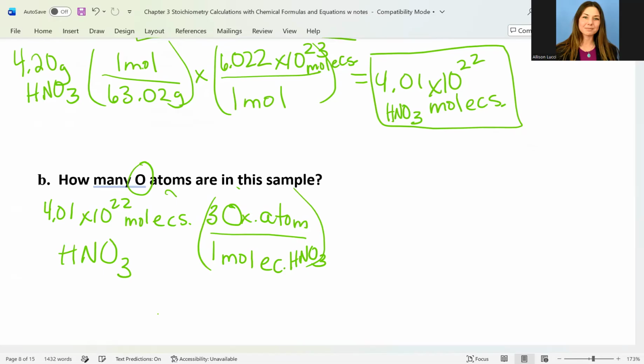So 3 is multiplied on top, and then after we multiply 3 times 4, we get 12. So I'm going to rewrite this in scientific notation as 1.20 times 10 to the 23rd oxygen atoms.